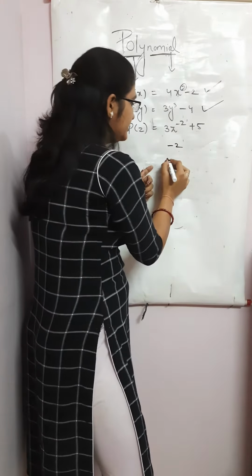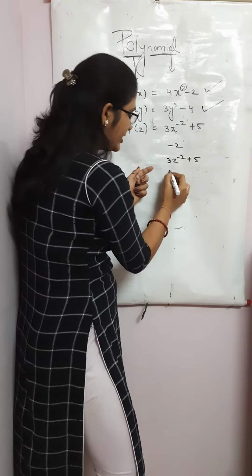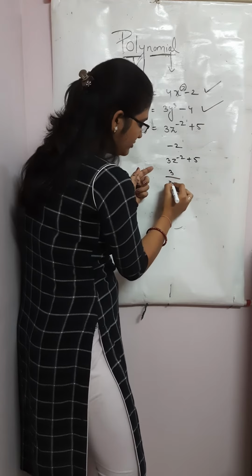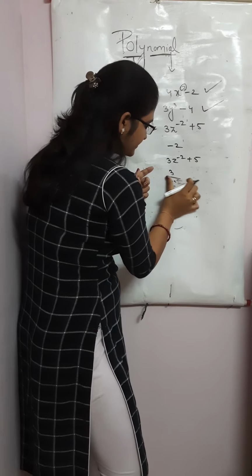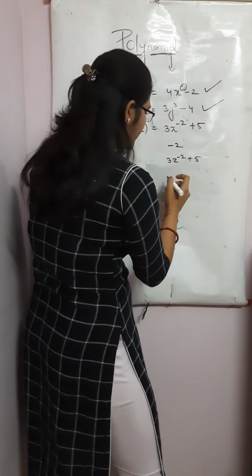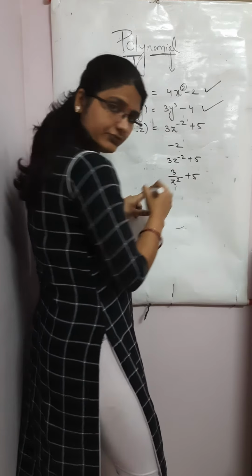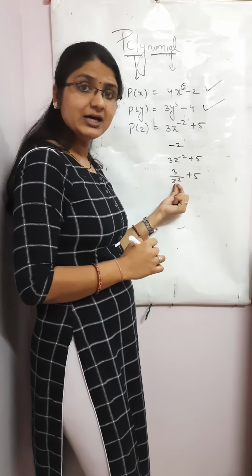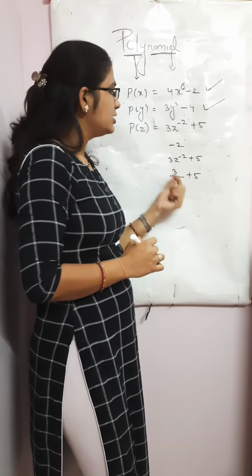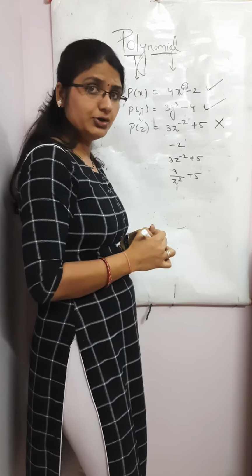It means 3z to the power minus 2 plus 5 can also be written as 3 divided by z to the power 2, plus 5, right? So here the variable appears in a denominator, and so this expression is not a polynomial.